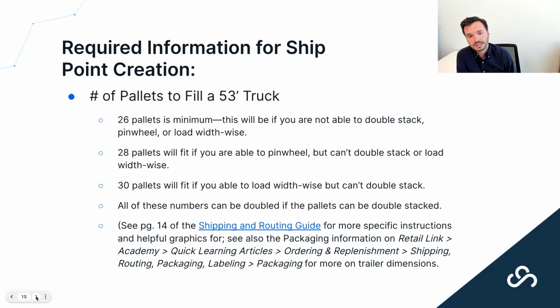And then you can do 30 if you are able to load widthwise, but can't double stack. All of these can be doubled, of course, if the pallets can be double stacked themselves. And then page 14 of the shipping routing guide has a little more graphic detail for what all of that is supposed to look like.